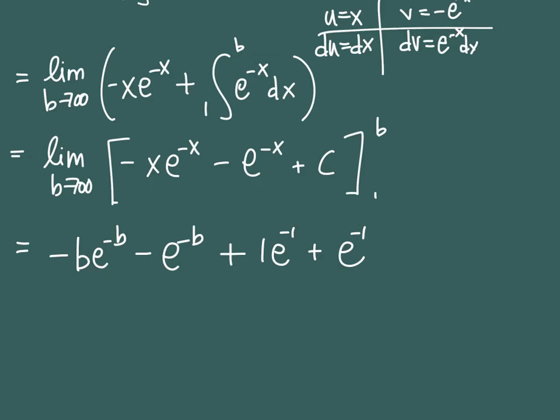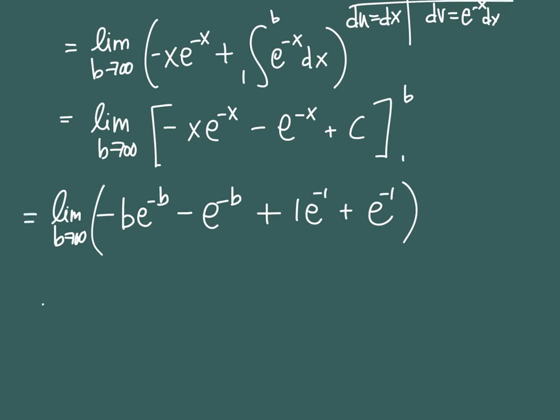Oh, I forgot my limit out in front. Okay, then we plug our limit in, so limit of all of that. Okay, and that goes to 0, and that goes to 0, and so we get 1 over e plus 1 over e, which is 2 over e.